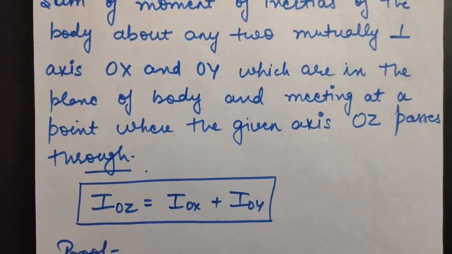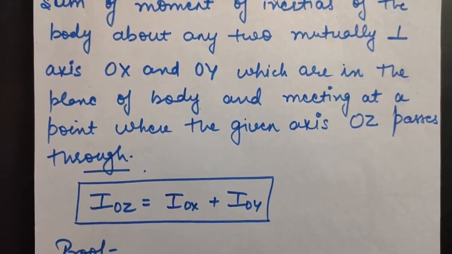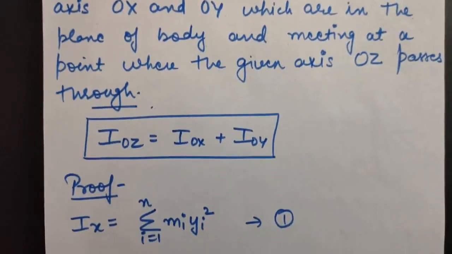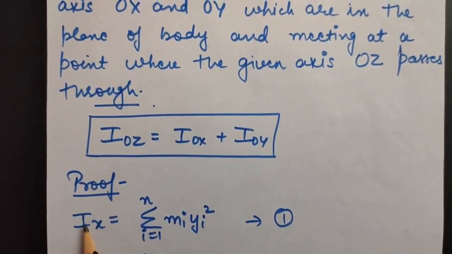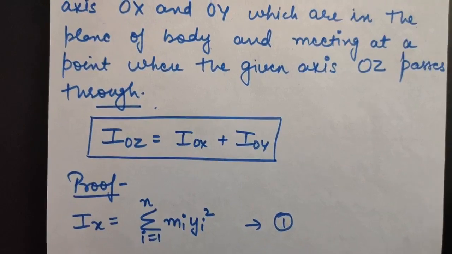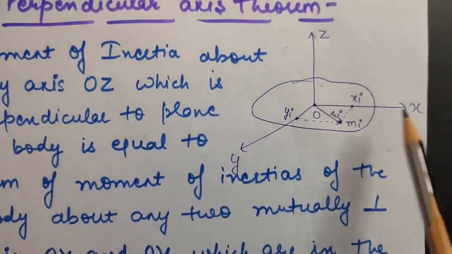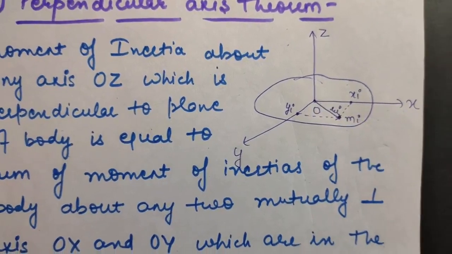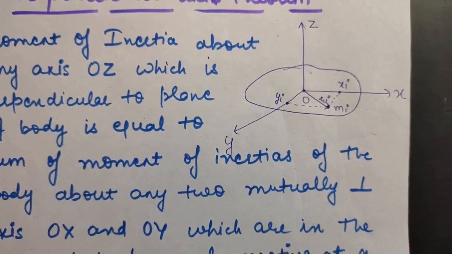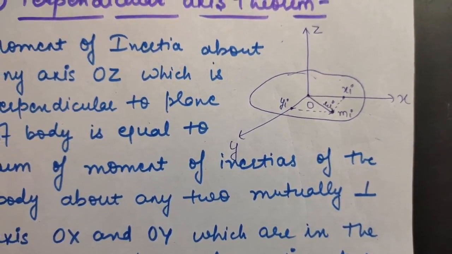Now again we will look at the proof of this theorem. First of all, let us write the moment of inertia about the x-axis. For that, look here. See, this is your x-axis. As you know, moment of inertia is the product of mass and perpendicular distance from the axis.